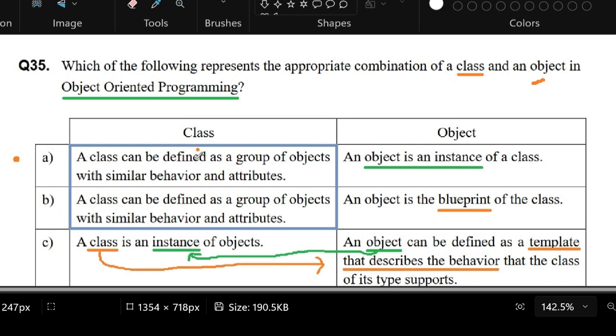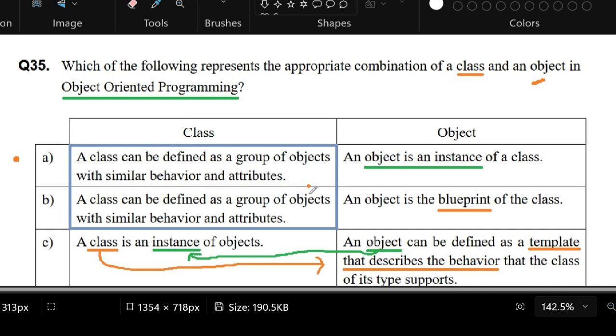And actually, the answer for A and the answer for B are explaining what class is really supposed to be. It says that a class can be defined as a group of objects with similar behavior and attributes.